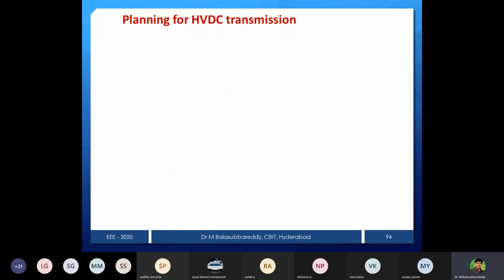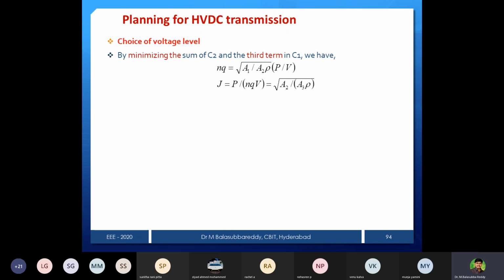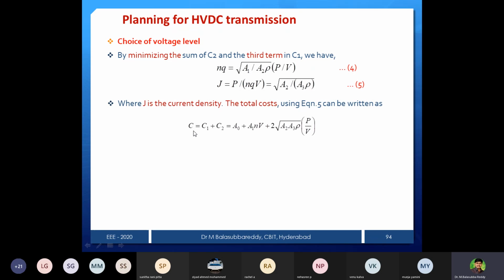So by considering two things, the choice of C1 plus C2, for simplification, here you can use the optimal power flow concept to minimize the cost, that is the minimum sum of C1 and C2, because equations are there, so you can minimize that. Finally there is some simplification they made here. Then total cost C is equal to C1 plus C2.